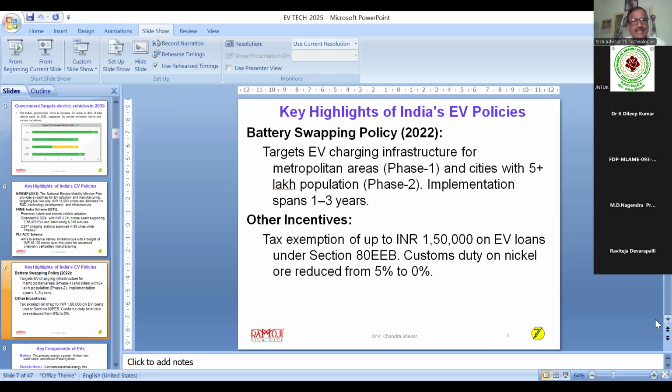Other incentives: tax exemptions up to Indian rupees 1,50,000 on EV loans under sanction from ATEEB, custom duty on nickel ore reduced from 5% to 0%. So there is scope for battery manufacturing. That's a bigger industry, but a smaller scale battery charging station will be viable even at a student level to start up as an entrepreneur.